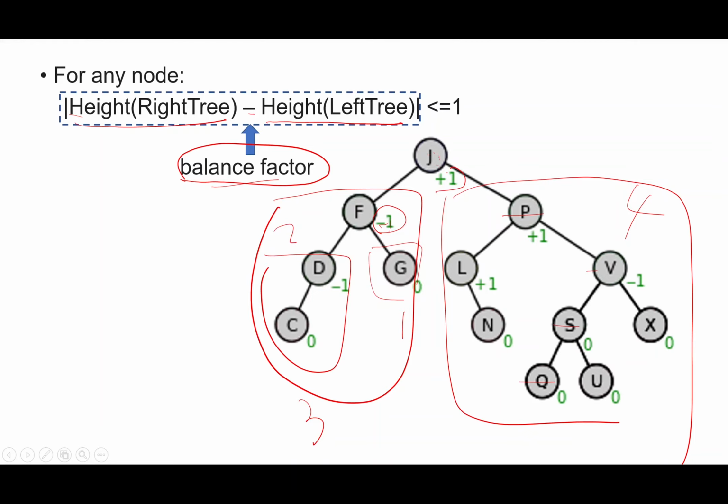For each node, the balance factor is at most 1. So this is a balanced binary search tree, also called an AVL tree. And the height is this. So the time is very fast for search, insert, and delete.